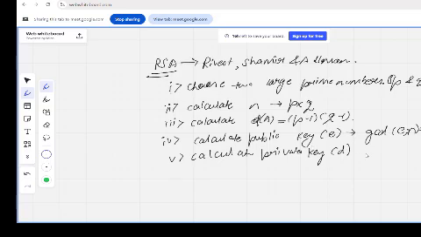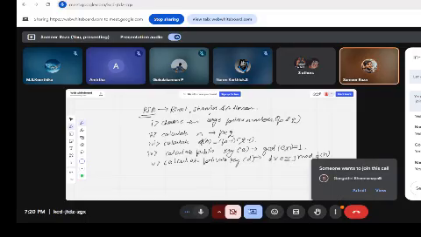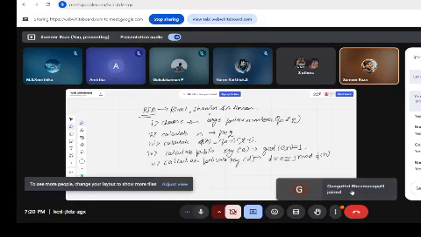We use this formula: d into e is congruent to 1, this is the congruency sign, mod phi n. Till now is there any confusion? This is the algorithm of RSA.